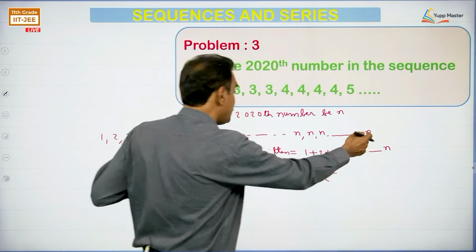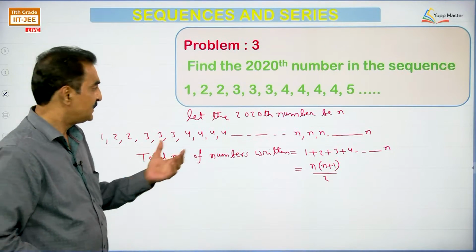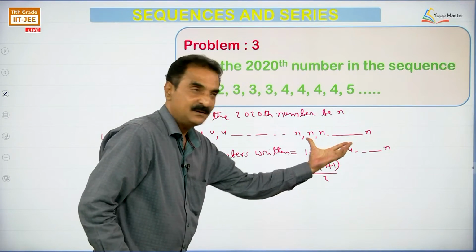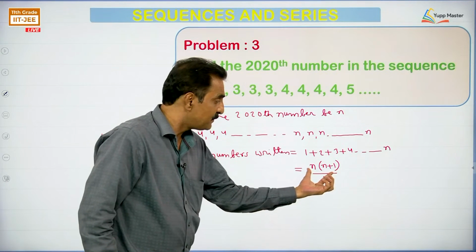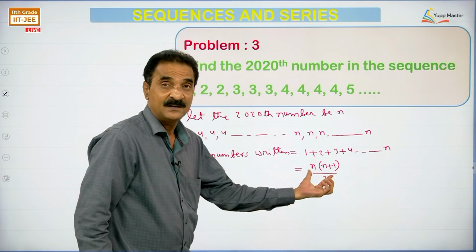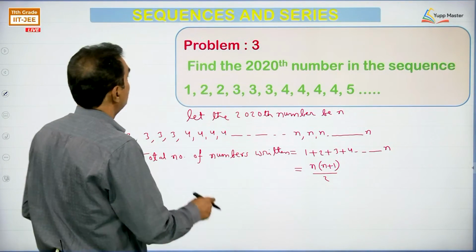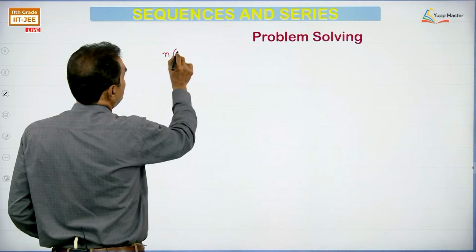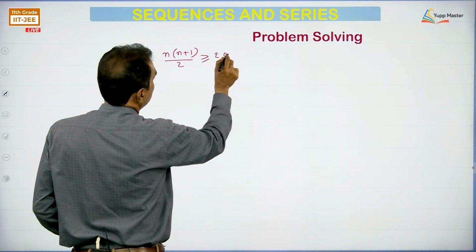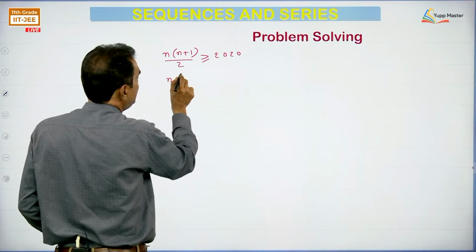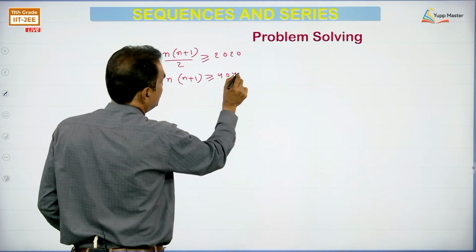So, this is the total number of numbers written in this list, but 2020 should fall in the last row. That means this n into n plus 1 by 2 should be greater than or equal to 2020. Then n into n plus 1 is greater than or equal to 4040.